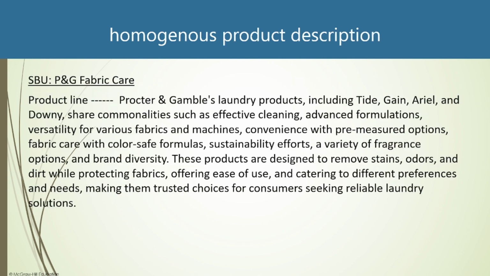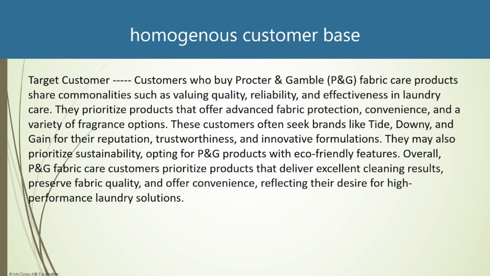So for the description of the product line and the description of target customers, I do not expect you to write a lot. 50 words or 100 words is enough. So try to think about the homogeneous characteristics of the customers in the segment.